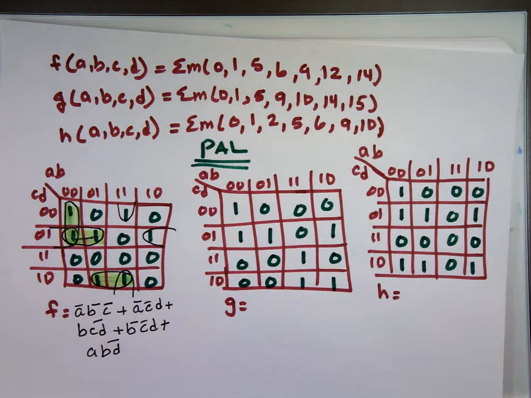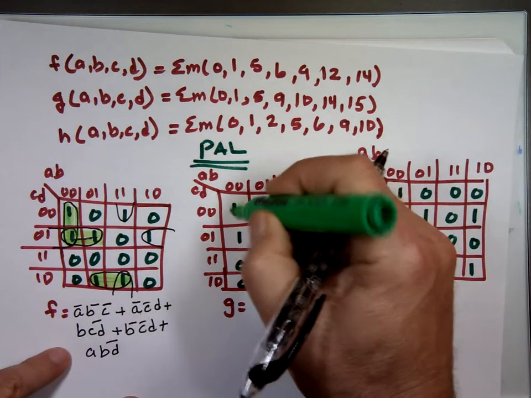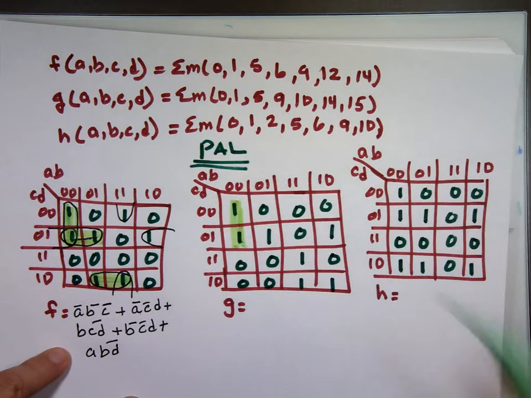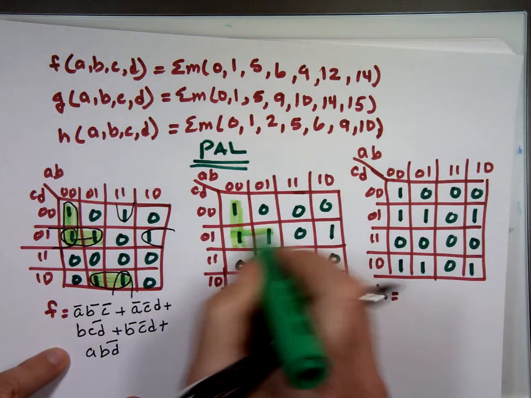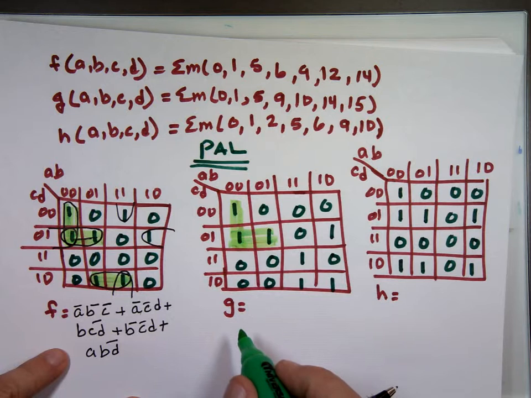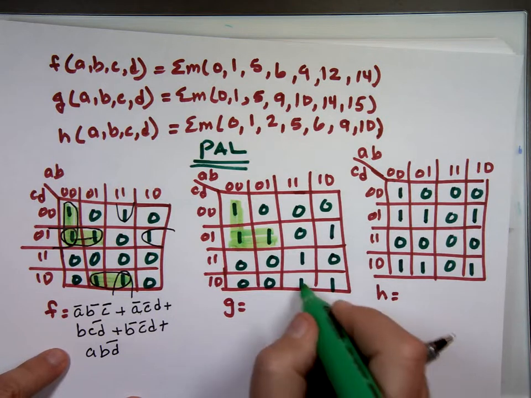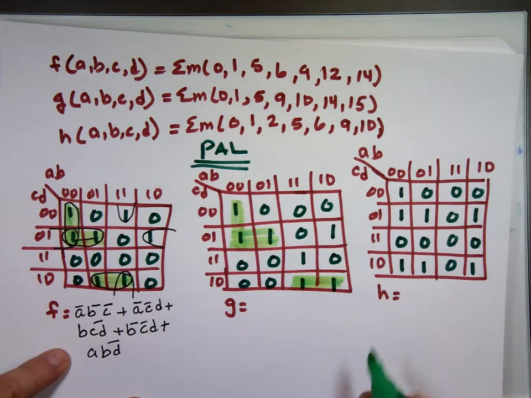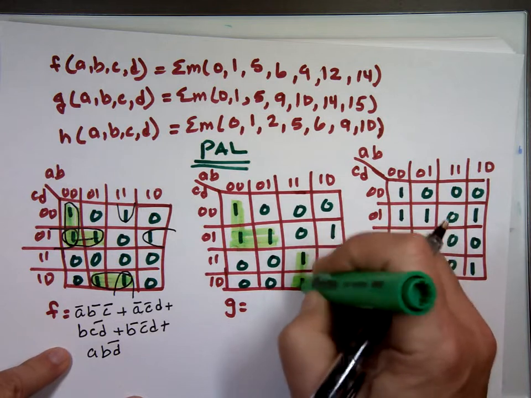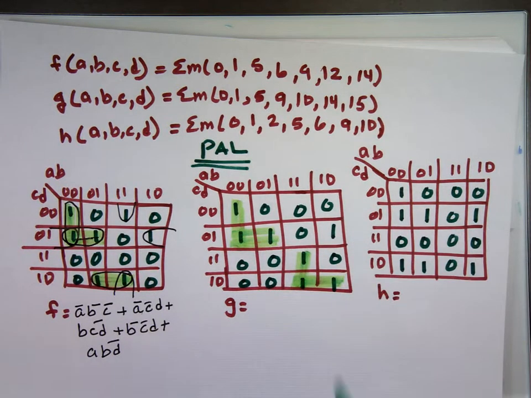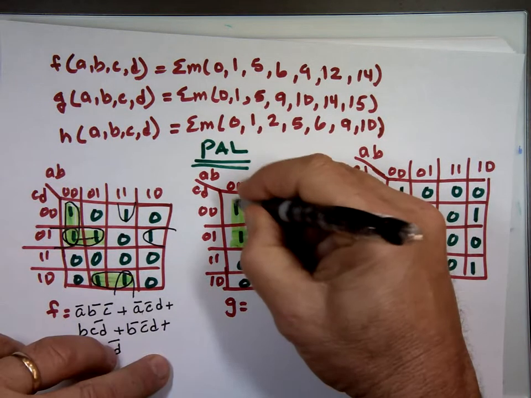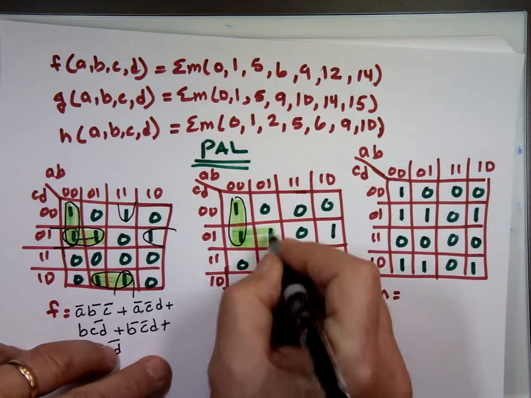I'm looking at this one. That's one group. That's another group. It looks to me that's another group, right? That's another group. And the one here is going to be what? So here's one group. There's one group.